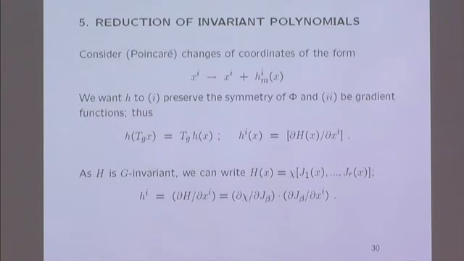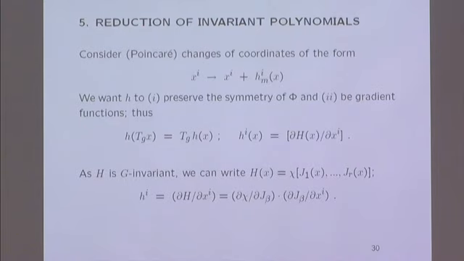I want to preserve the symmetry, of course, and I would like the H to be gradient functions. This is not mandatory. Rainer was stressing before that sometimes you have some covariants which are not gradients of invariants. So things are simpler if this is the case, but from now on I cannot claim that I am doing the most general thing compatible with the Poincare approach. But the formulas will be simpler, which is a good point.